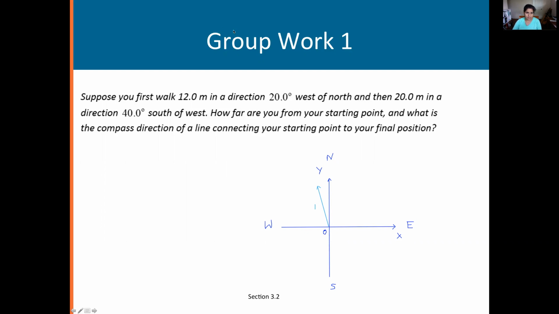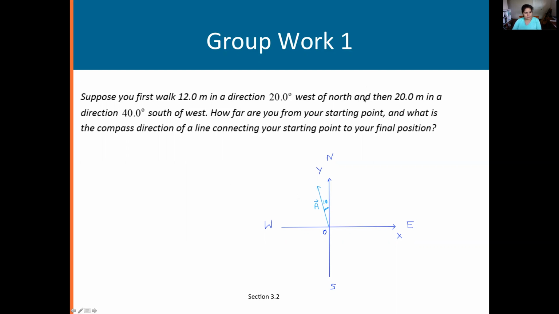Okay, I need to write an A. And this angle is 20 degrees. Right, so this angle here is 20, okay, and let's call this vector A, the first motion, first direction in which we walk, okay.